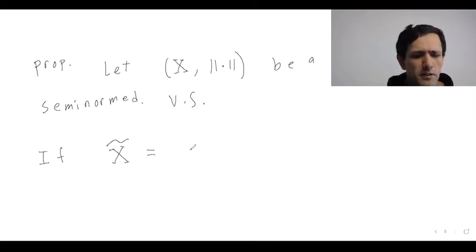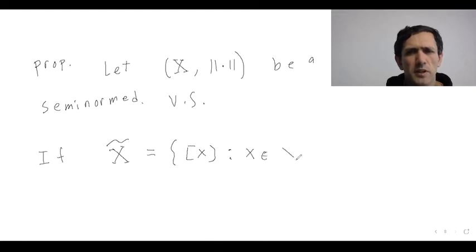So X tilde is the set of all equivalence classes generated by each element X. And remember, just like we did before, we say X is equivalent to Y by definition if the norm of X minus Y is 0.